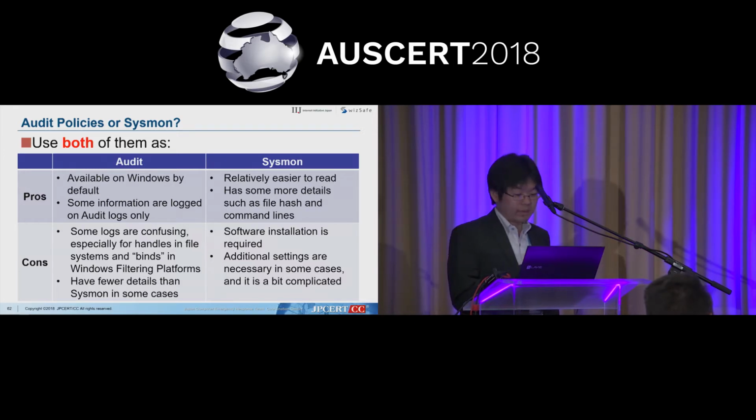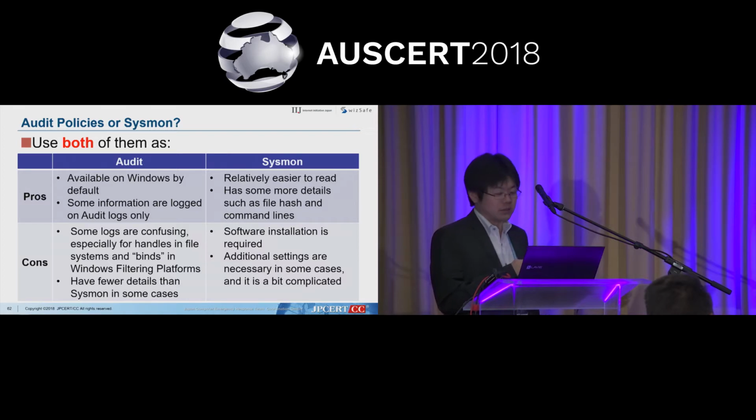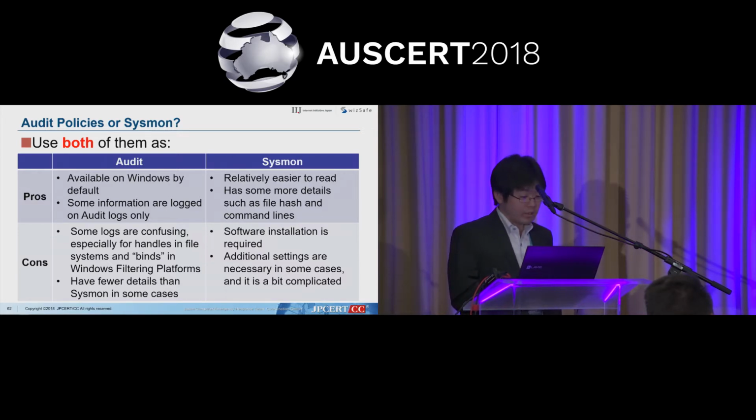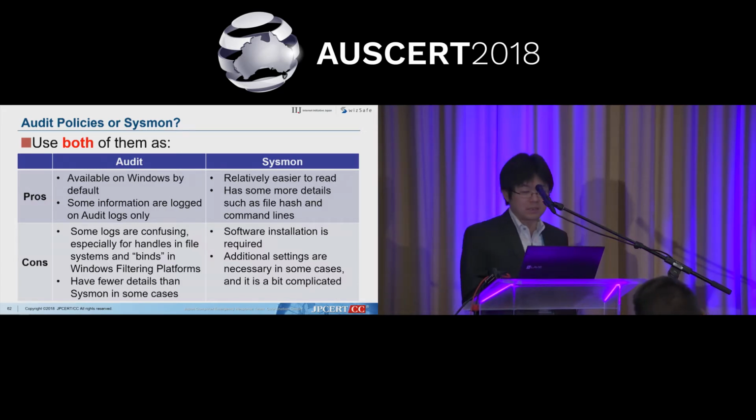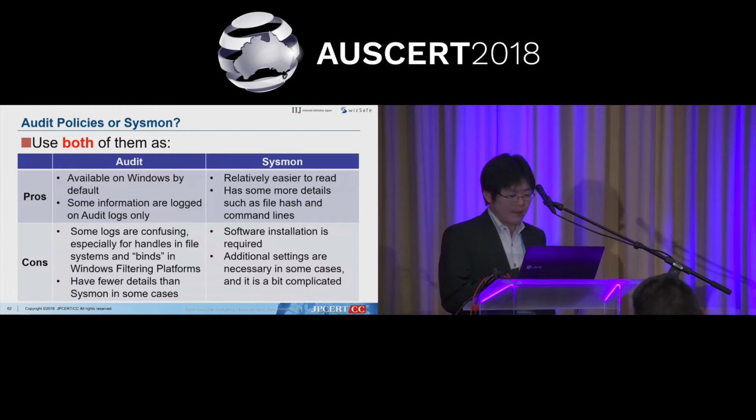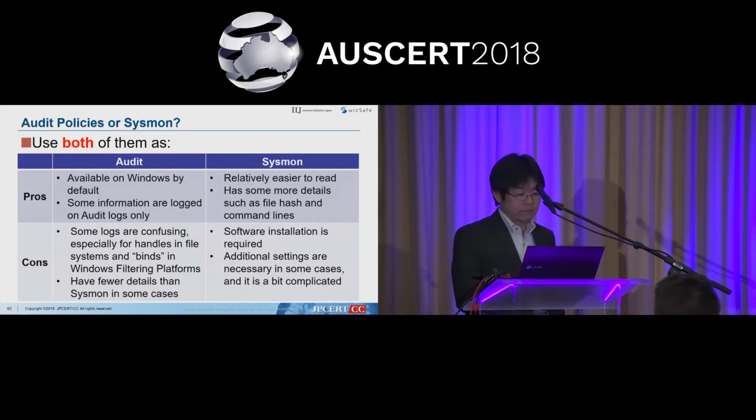You have to be familiar with handles for file system activities and bindings on the Windows Filtering Platform, that's the Windows firewall. Another con is that it may have fewer details than Sysmon in some cases. The pros of using Sysmon are that it's relatively easier to read, and it has more details such as file hashes and command lines.